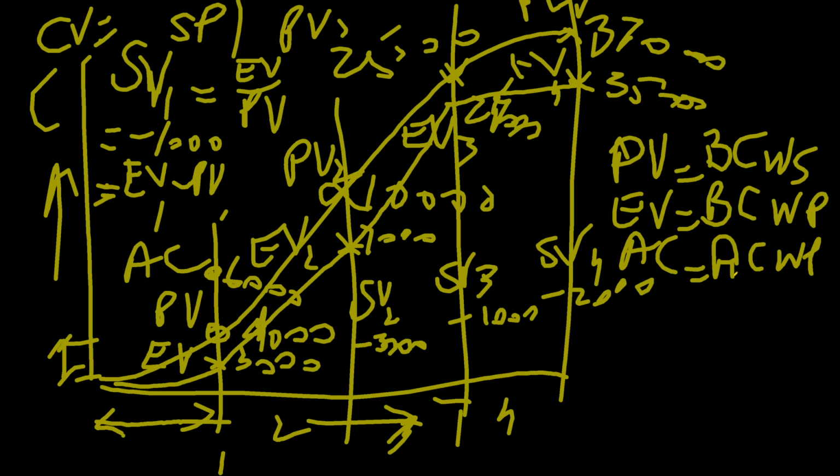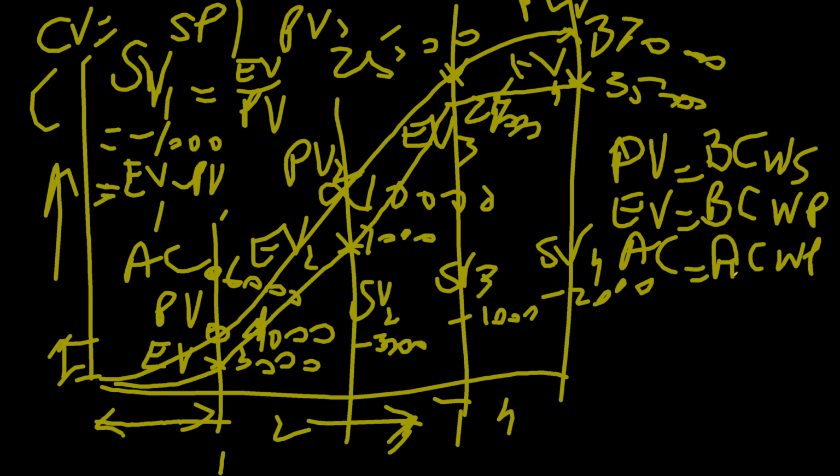Now please pay attention. Planned value: everything was known during the planning, at the time of the cost baseline. You had budgeted costs there and you had scheduled work there. So whatever was the total scheduled work, how much was the cost, that is the planned value. For any one point, say at the end of 1 month, how much is scheduled and how much is the budget kept for that.